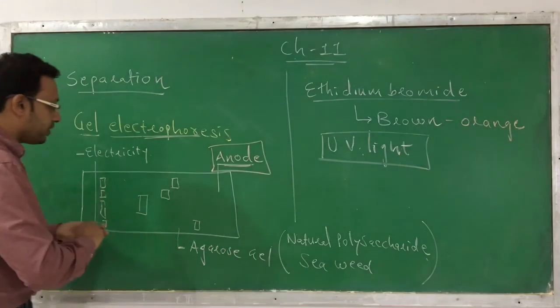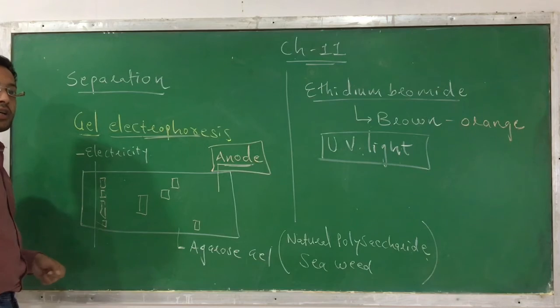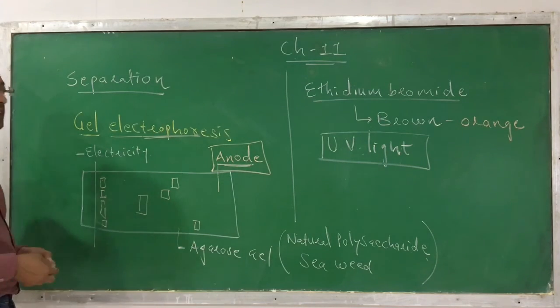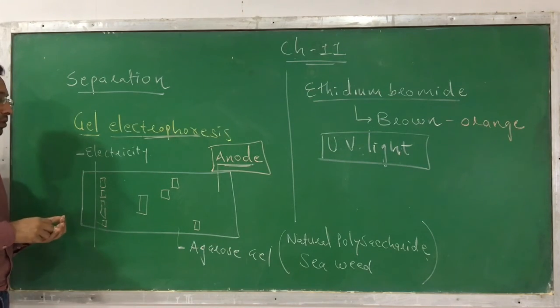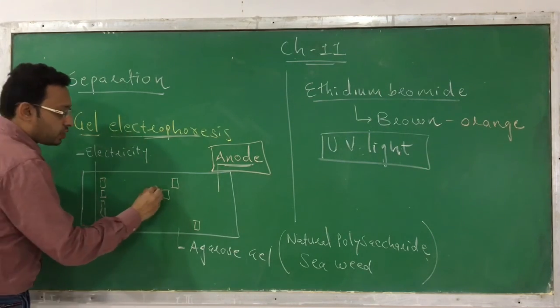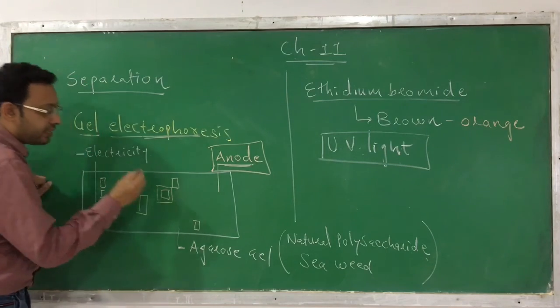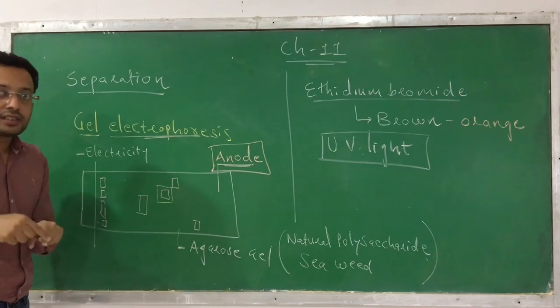Now once we observe under UV light, we can see the fragments of DNA separated on the agarose gel. Suppose I need this fragment, so I will cut this piece of gel, clear?